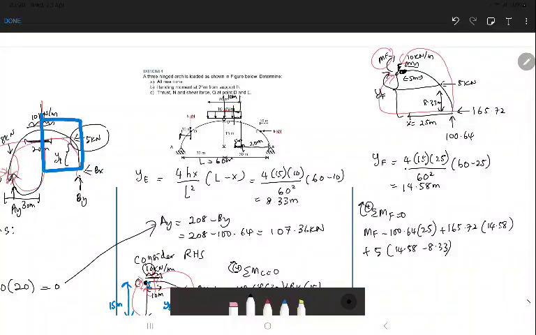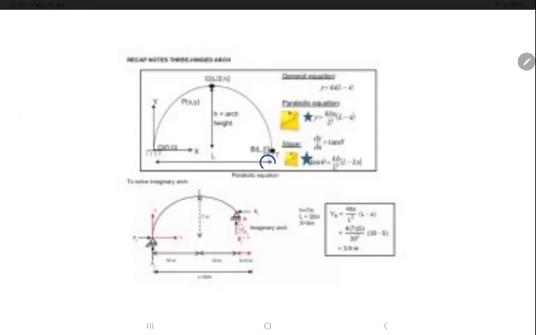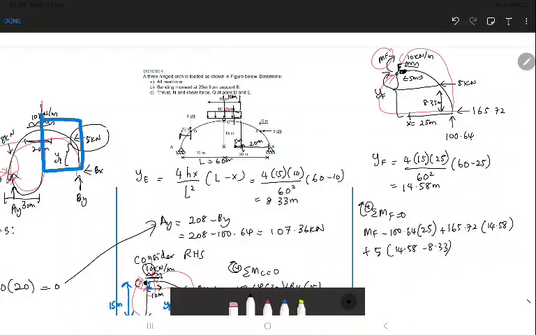Any other load left? No. Okay, so 1, 2, 3, 4, another one. This one, okay, 100, yes. 5, yes. Oh, this one, 10. Plus 10 times 5 meter and 2.5 meter equal to 0.